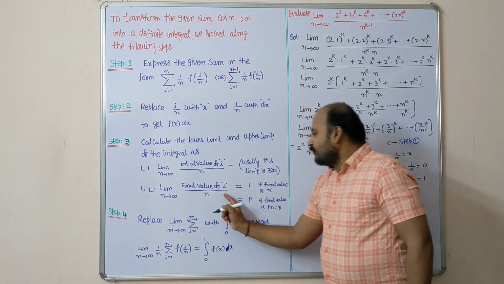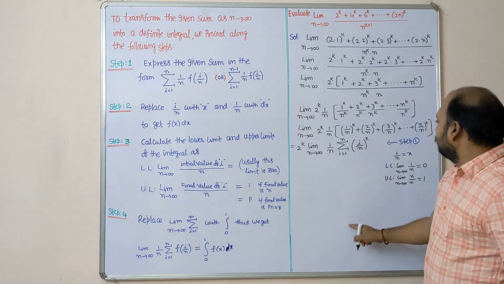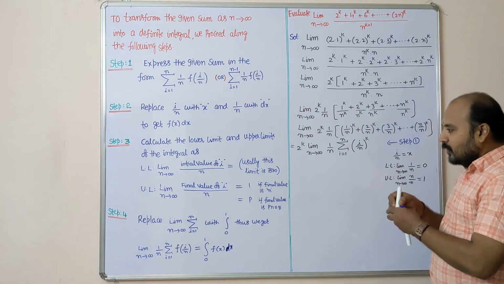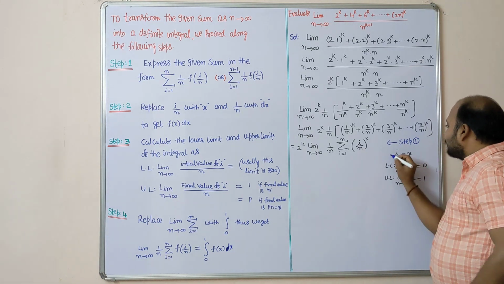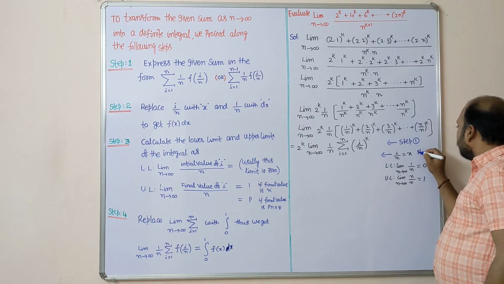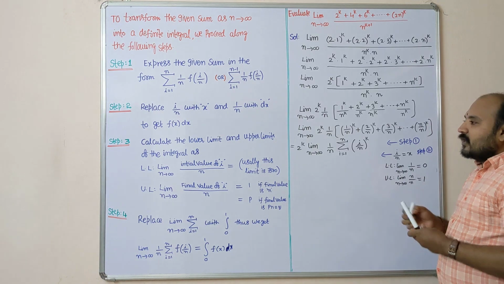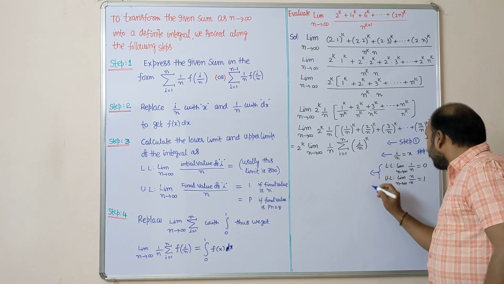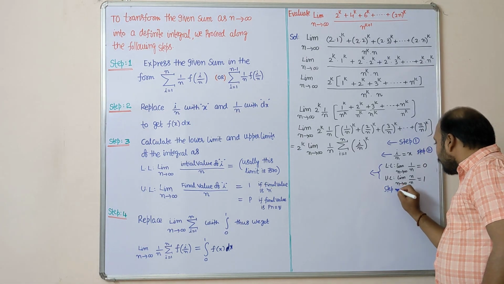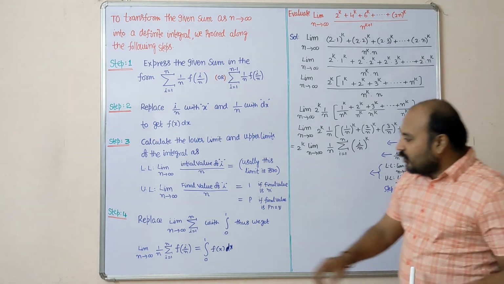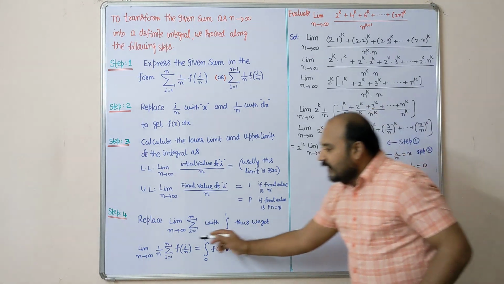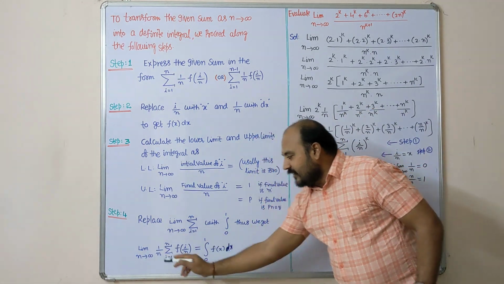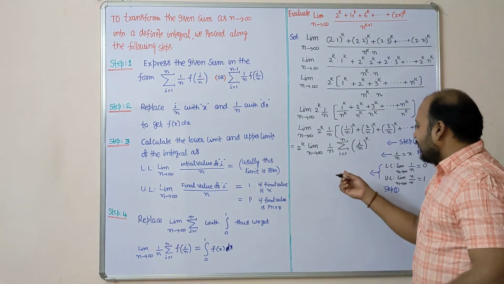Now come to step 4. Step 1 completed, step 2 also completed here. This is step 2. This is about step 3, these two. In step 4, what we have to do? Limit n tends to infinity, 1 by n term in terms of integration.